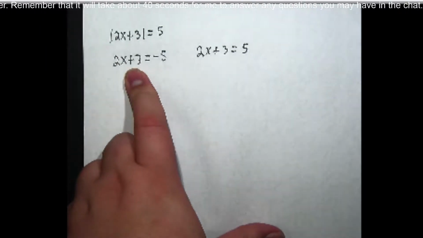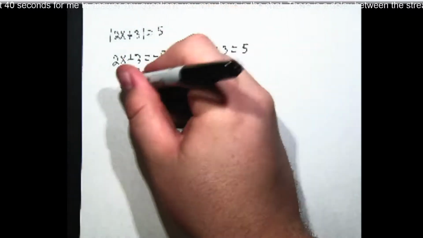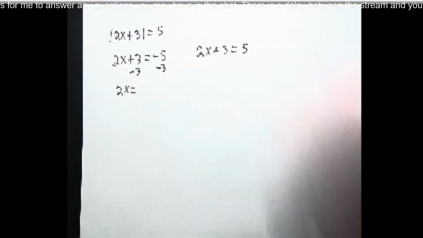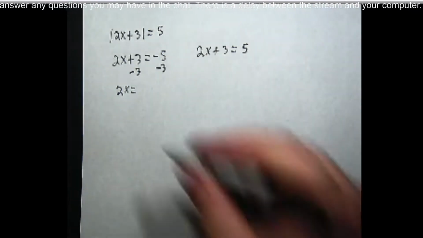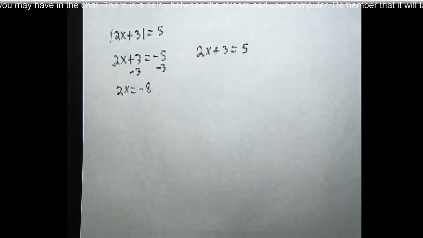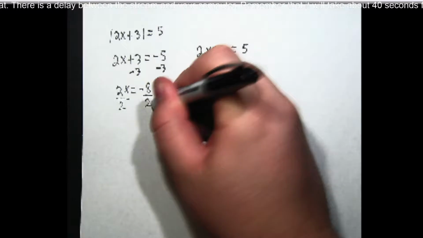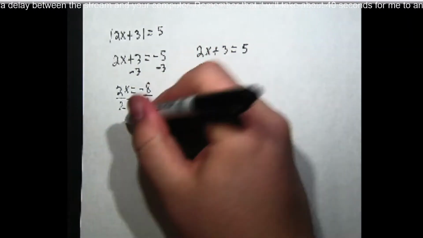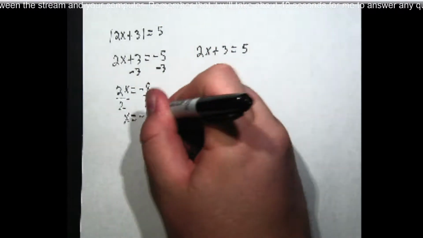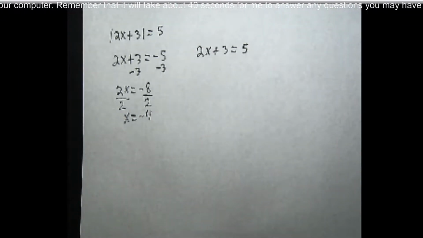And of course, now we can solve. So what's our first step in solving? Subtract 3. Good. So now we have 2x equals what? Negative 8. Okay. Good. x equals negative 4. Perfect. Other one, same steps.